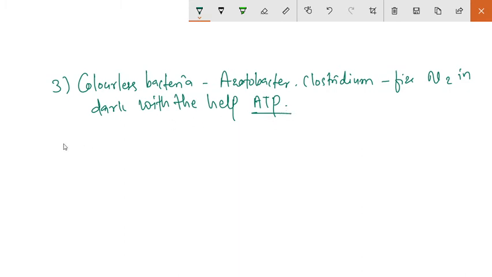Okay, then the fourth one, that is free living saprophytic or photosynthetic bacteria.